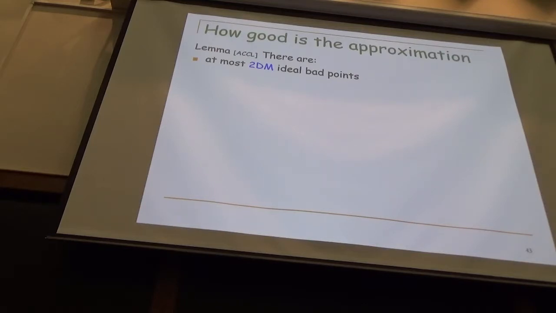If we actually did that, then there's a lemma, which is not too hard to prove, which says the number of points which have this property, that there is an interval where they're in violation with half the points in the interval, is at most twice the distance.